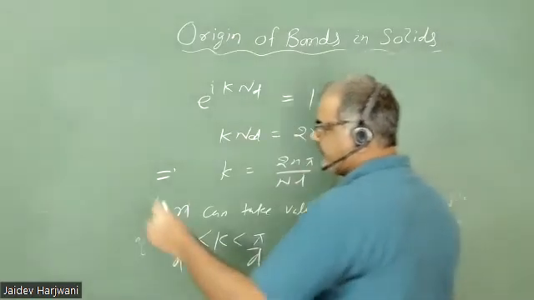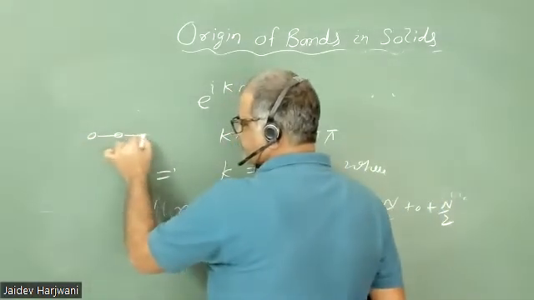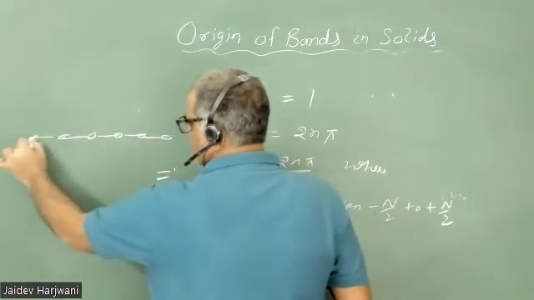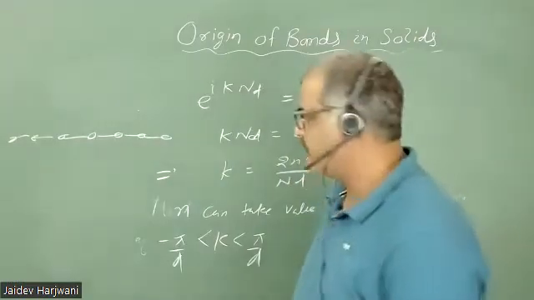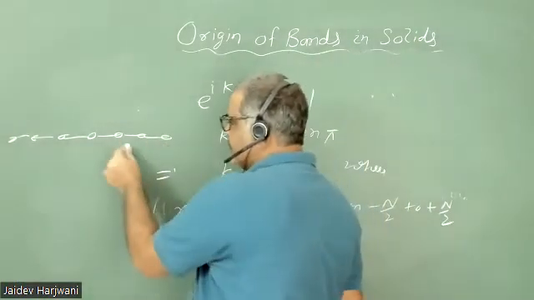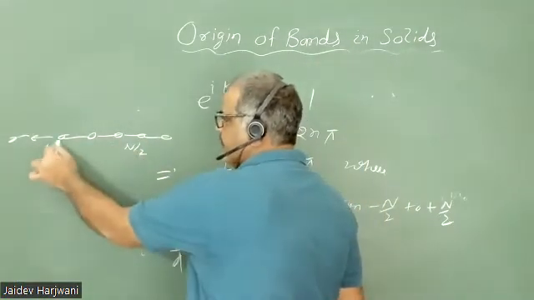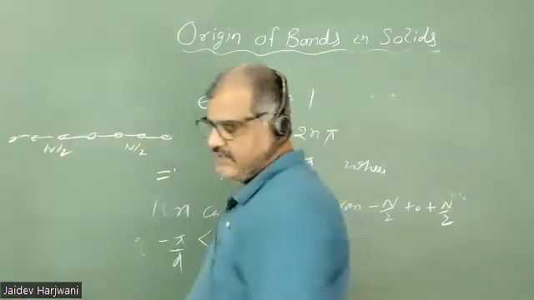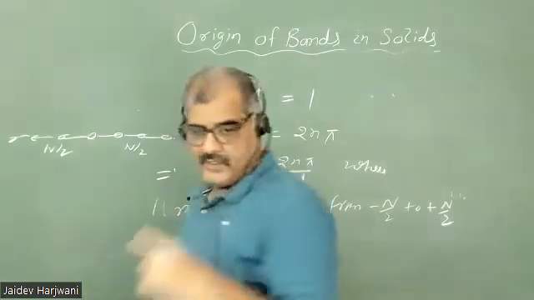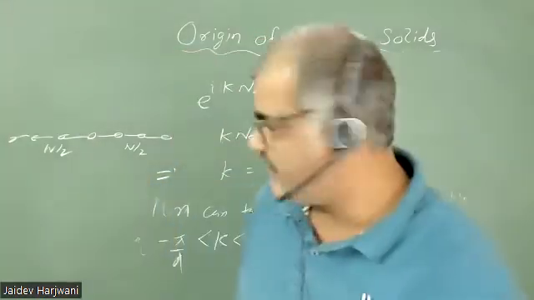So this is a chain of atoms, a periodic chain. N by 2 atoms are on one side and N by 2 atoms are on the other, and if I combine them, we don't need this extra atom. That is something we have discussed several times.